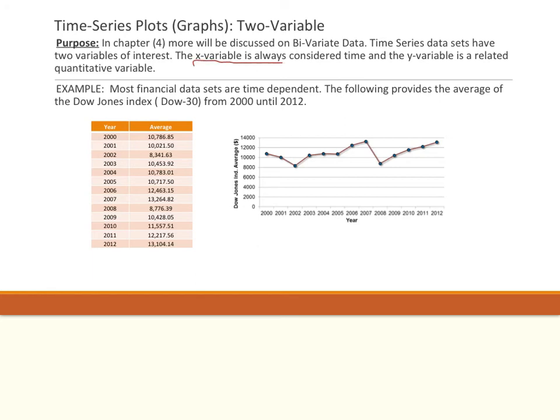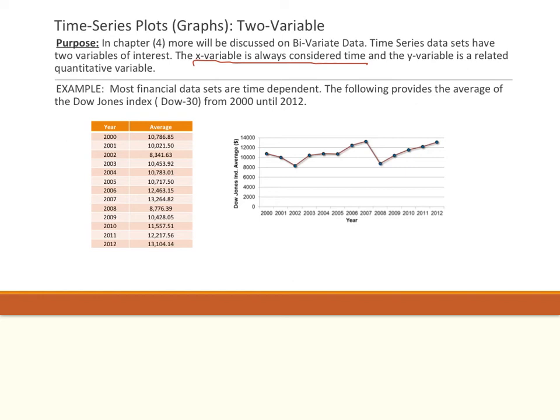For time series, x is always considered time. The y variable is the related quantitative variable. So the example that we're showing you is a financial data set, and most data sets that are time dependent that we see in magazines and newspapers are financial data.